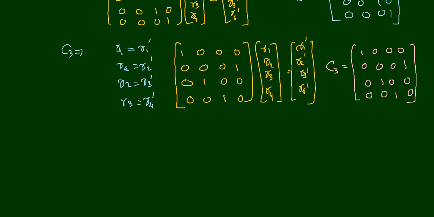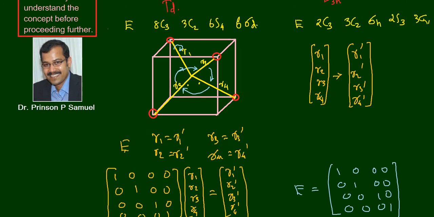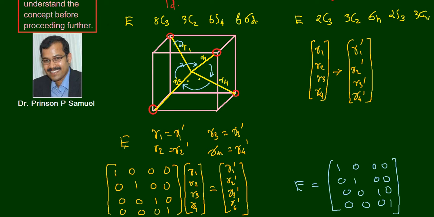Now we can construct the matrix corresponding to C2. The C2 axis is the axis bisecting any two bonds. Let us consider an axis bisecting the bond angle between R1 and R2.